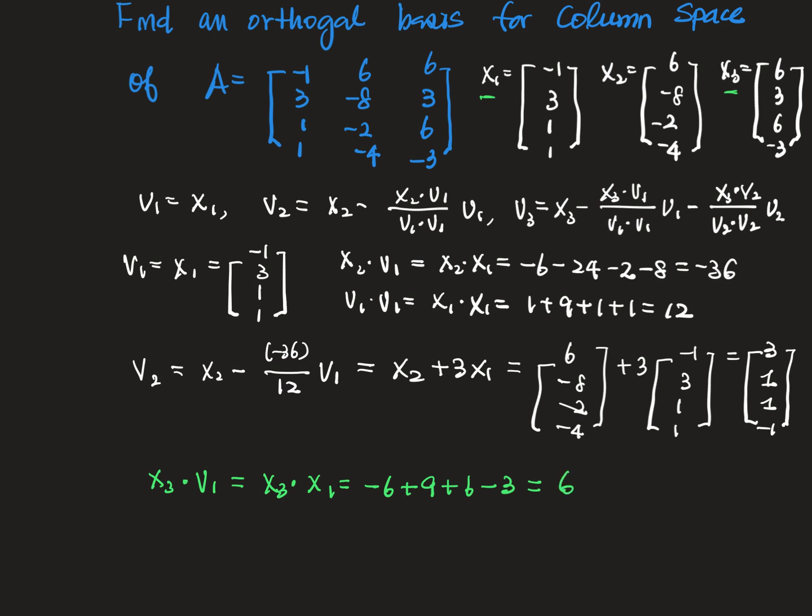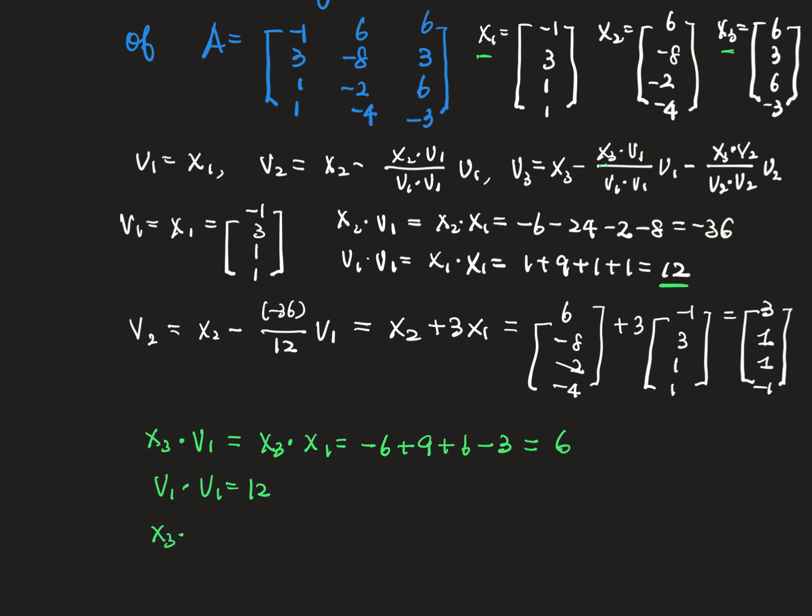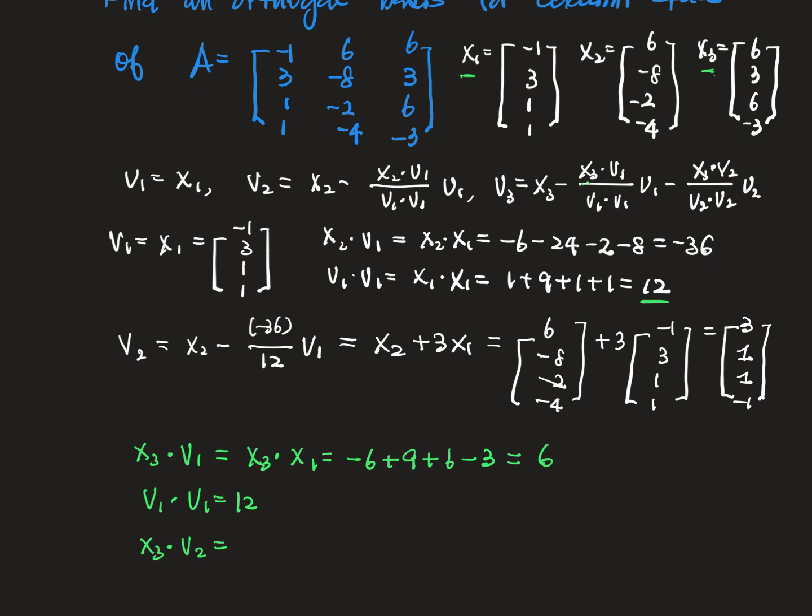Second part, v1 inner product v1, which we already did, is 12. Let's go to x3 inner product v2. x3 is right there, v2 is this vector. So that's 18 plus 3 plus 6 plus 3.